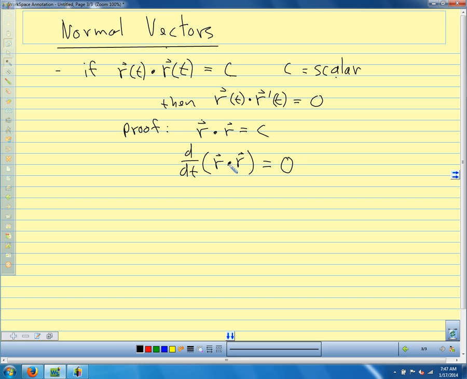And when I take the derivative of a dot product, what do I use? Product rule. So this is going to be r dot r prime plus r prime dot r equals 0. And it doesn't matter which order we take the dot product in. So 2 r dot r prime equals 0. So r dot r prime equals 0.